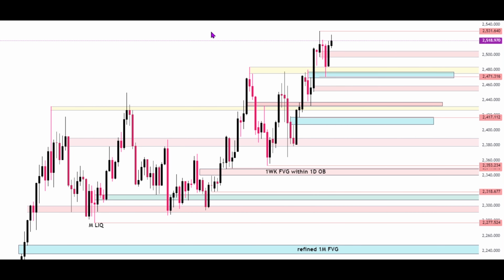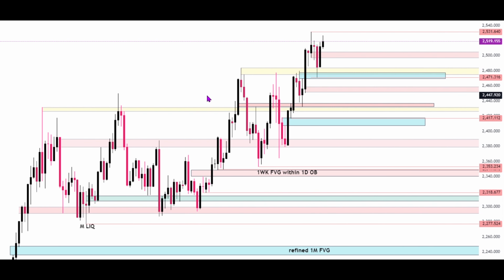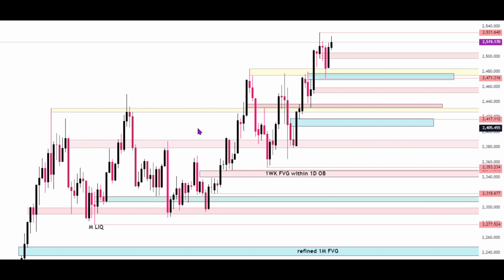We started looking at fair value gaps in one of my videos, where we said that it is a three candlestick pattern where the wicks of the first candle and the third candle do not overlap within the body of the second candle, which is the expanded candle. Then we looked at the science behind fair value gaps.